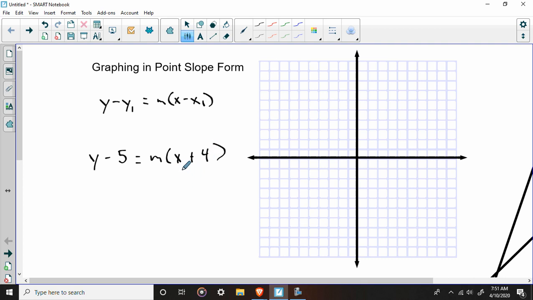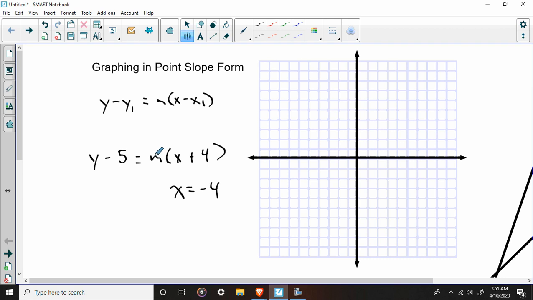What would make this equal to 0? Wouldn't it be -4? Wouldn't it be whatever the reverse of this sign is? So what if I said x equals -4?